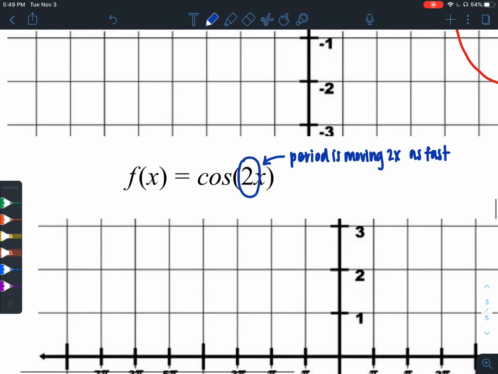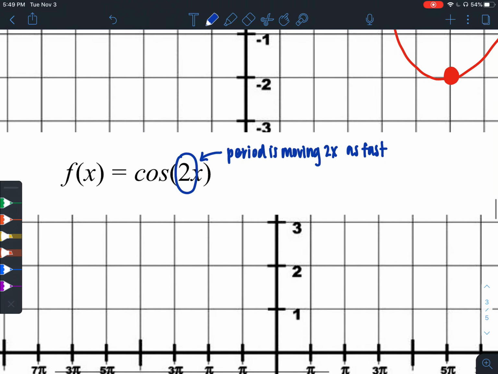So if our period is moving 2 times as fast, and we normally get through a period in 2 pi, how long would it take us to get through a period that's moving twice as fast?